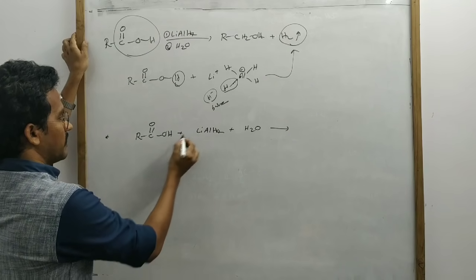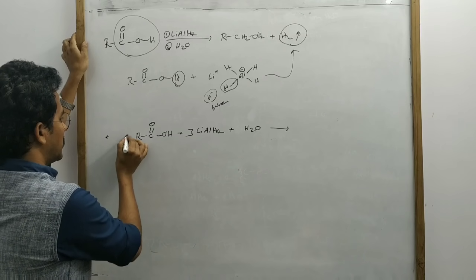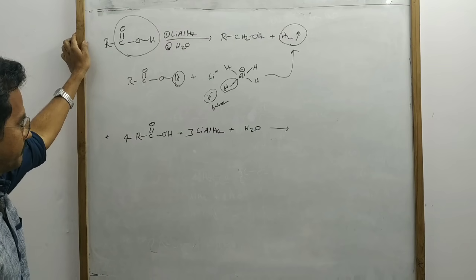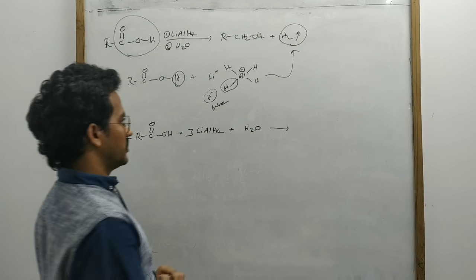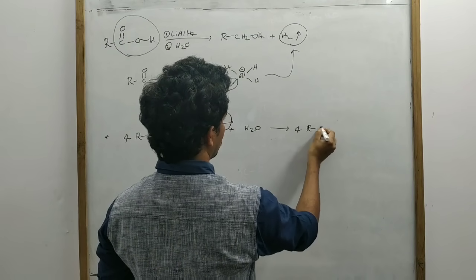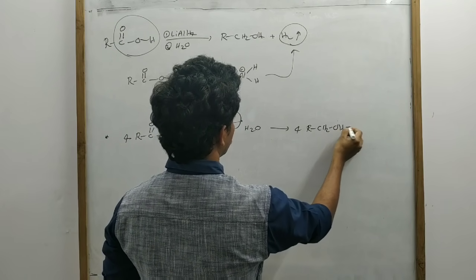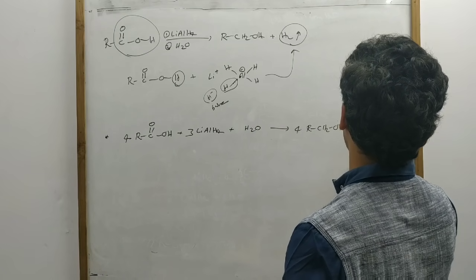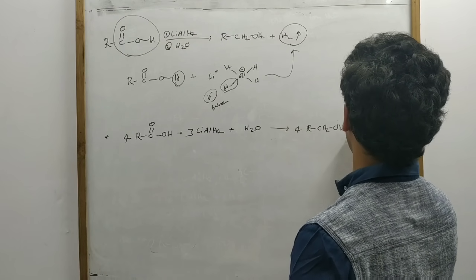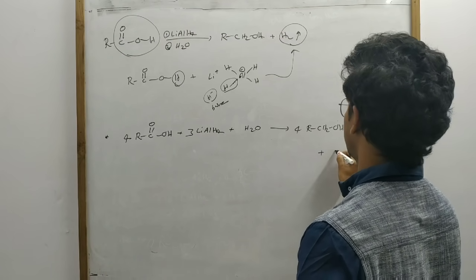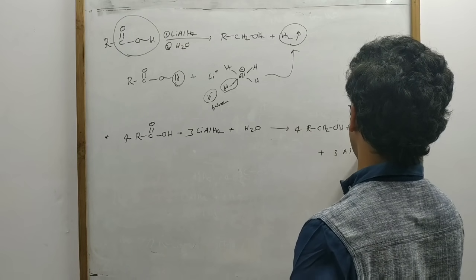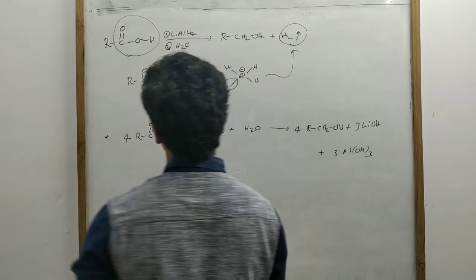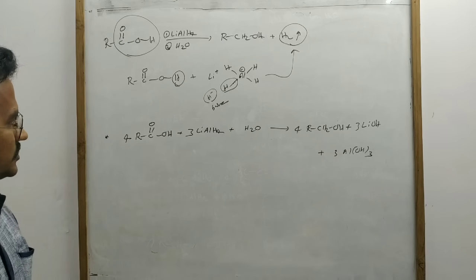In this case, 3 equivalents of LiAlH4 and 4 equivalents of the carboxylic acid produce 4 equivalents of RCH2OH plus lithium hydroxide, 3 moles, plus aluminum hydroxide, 3 moles. So that's it. You can balance the reaction also.